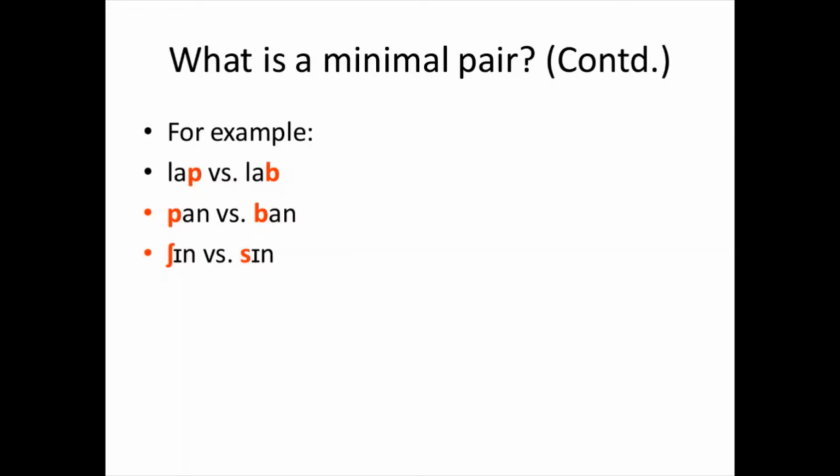Whereas the first one is voiceless again, the second one is voiced. And in the last example, the difference again is in the initial consonant. One is a palatal fricative, and the other one is an alveolar fricative.